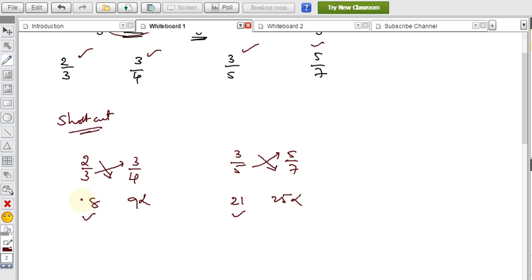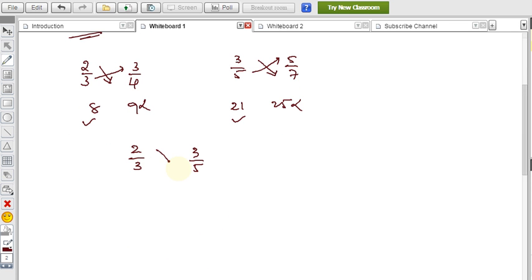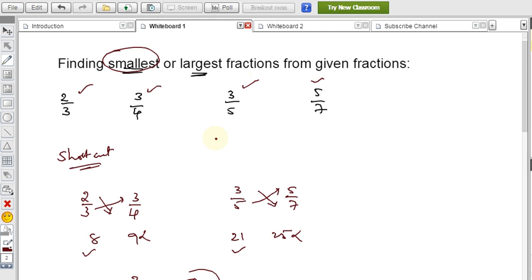Now we take the 8 value. 8 we got from 2 by 3. Now again 2 by 3 and 21 is 3 by 5. In this both you can do it. This into this: 2 5s are 10 and 3 3s are 9. So finally this is the smallest. So 3 by 5 is the smallest fraction.